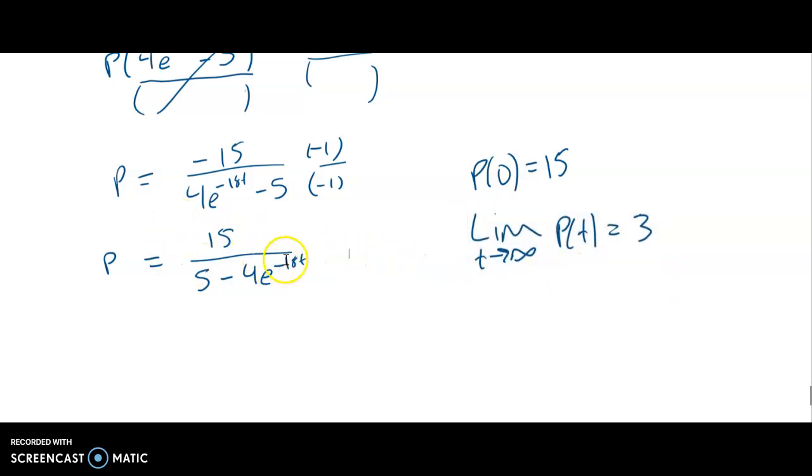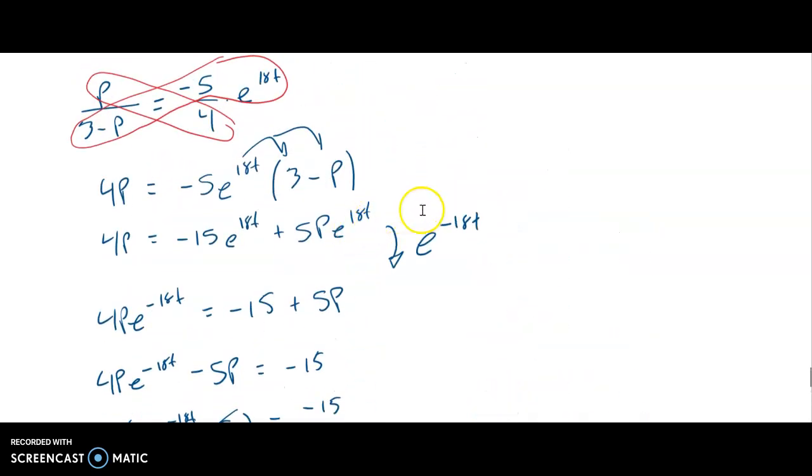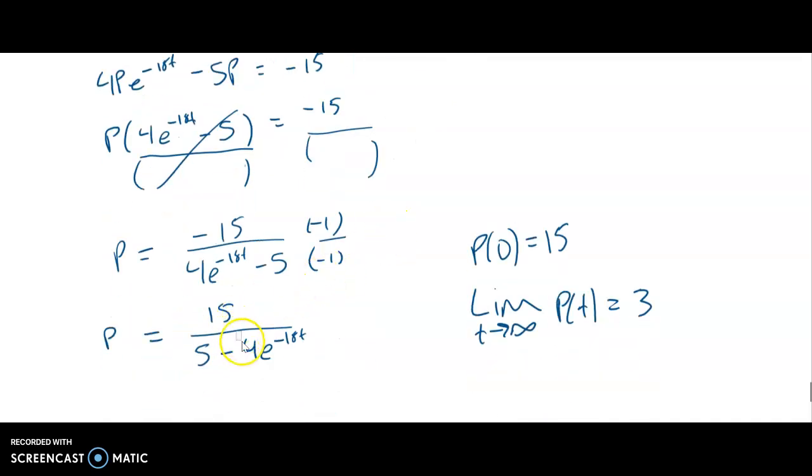All we got to do is plug in t equals infinity. And this goes back to my explanation before about having this e to the negative versus an e to the positive. If I try to plug in infinity or look at the limit as we go to infinity of this thing, that piece goes to 0. And it just gives me 15 divided by the 5, and that gives me 3. So it matches up with that. So it lines up with all that stuff.